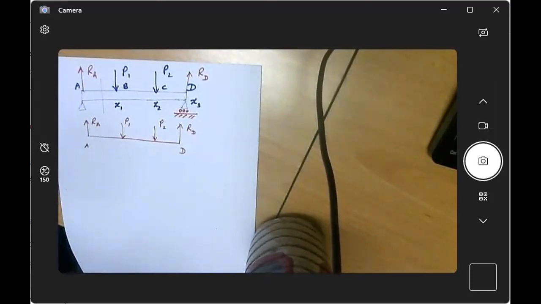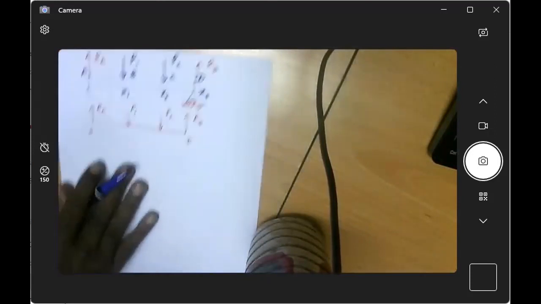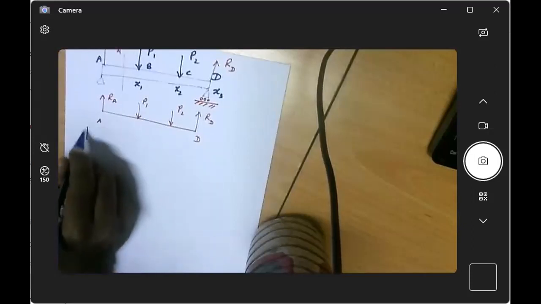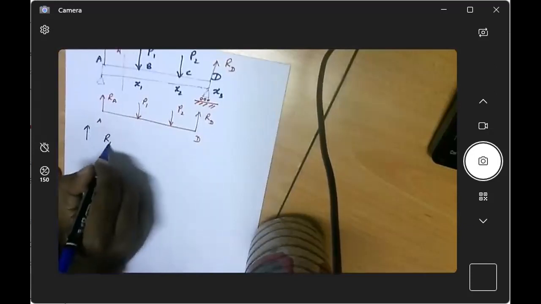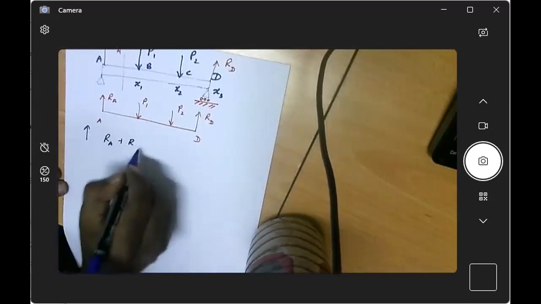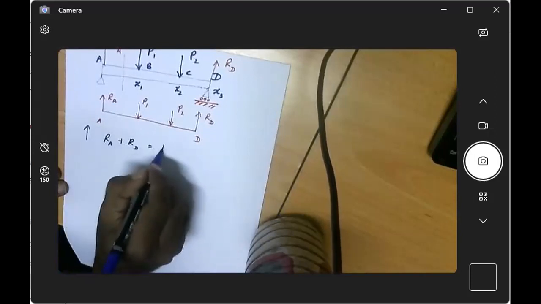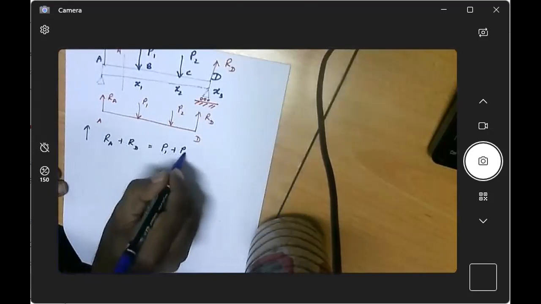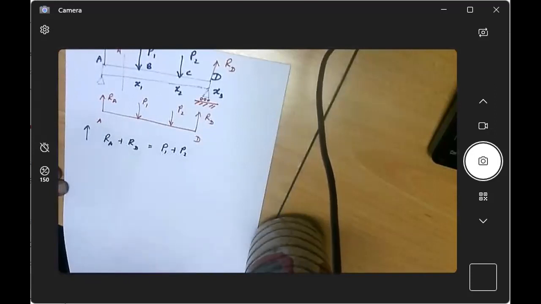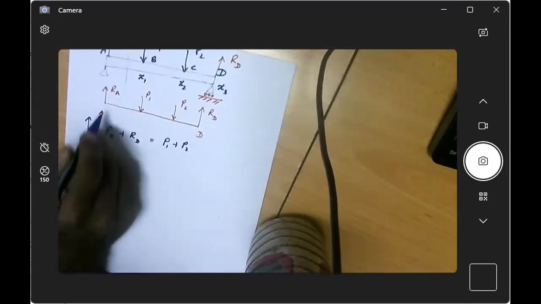We can apply vertical force balance. So RA plus RD is equal to P1 plus P2, right? Then we can take moment around one point.